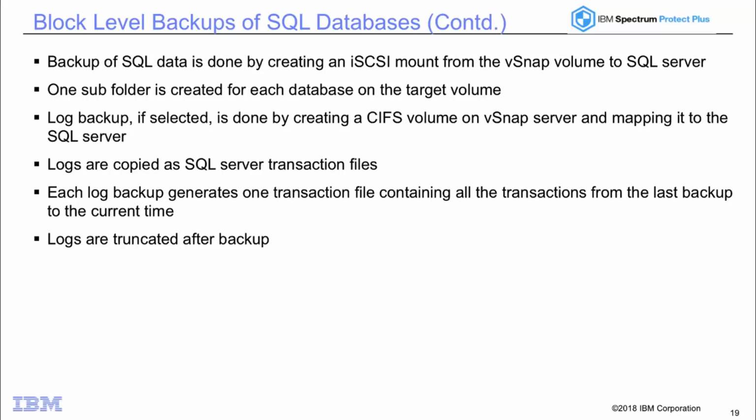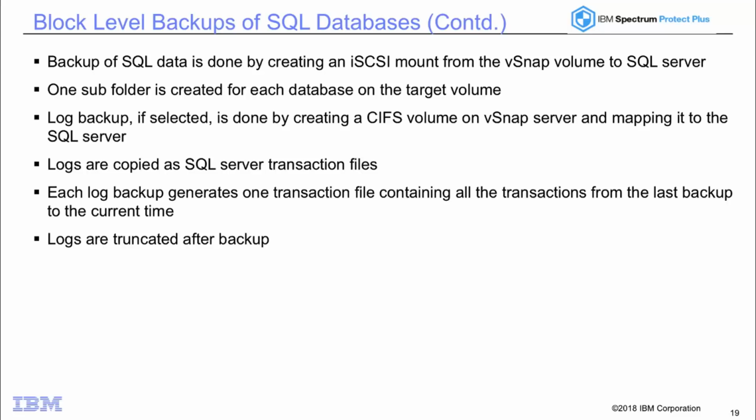Once it gets the blocks that it needs to back up, the backup of the SQL data is going to be done by creating an iSCSI mount from the vSnap volume to the SQL Server. And then a subfolder is going to be created for each database on the target volume. You can turn on and off log backup, and if you choose to turn on log backup, it's done by creating a CIFS volume on the vSnap server and mounting it to the SQL Server.